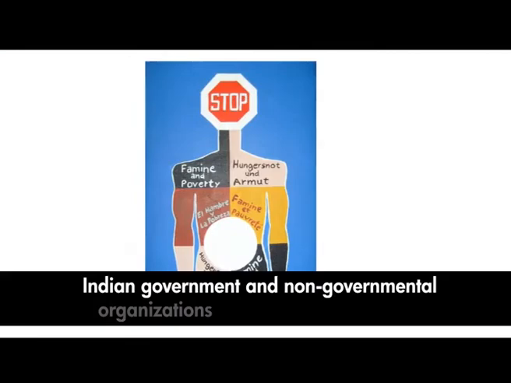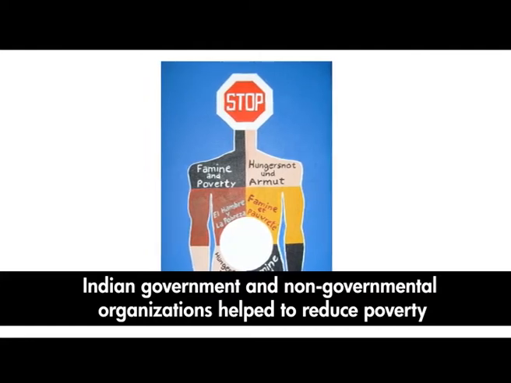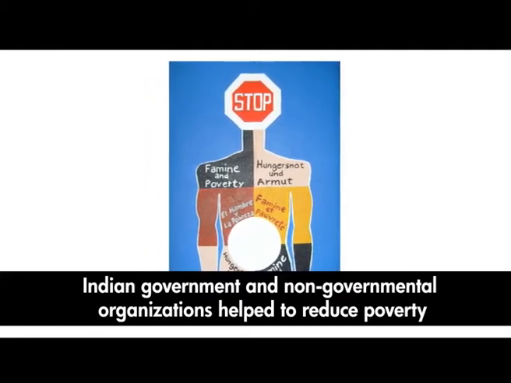Now let's see the impact of poverty. Since the 1950s, the Indian government and non-governmental organizations have initiated several programs to fight poverty, including subsidized food and other necessities. These measures have helped eliminate famines and reduce poverty levels, illiteracy and malnutrition.